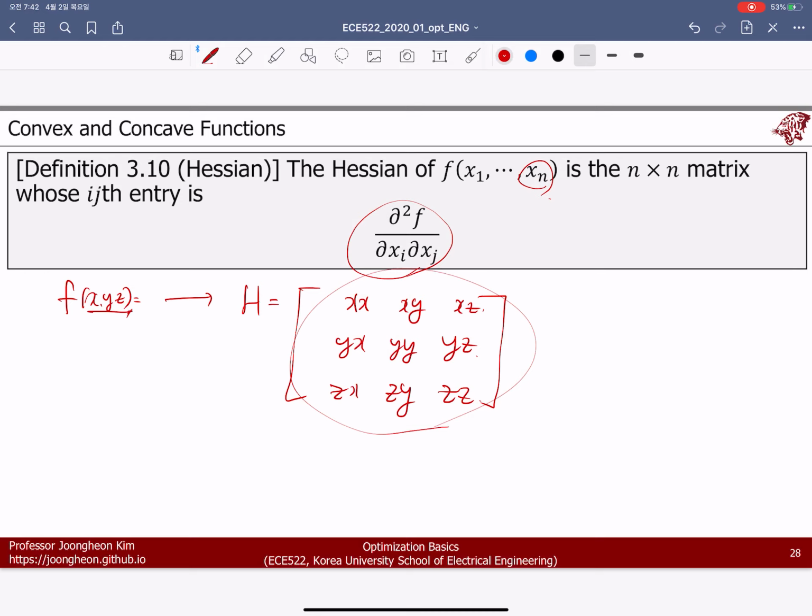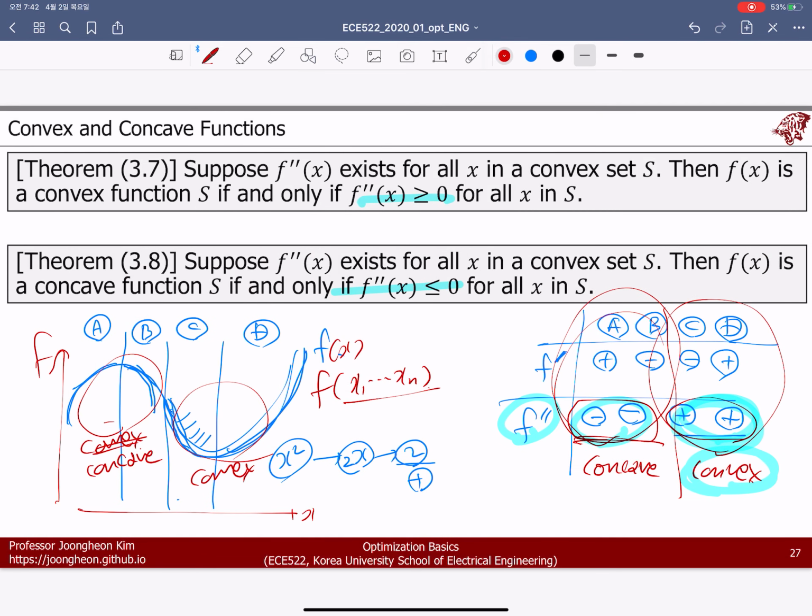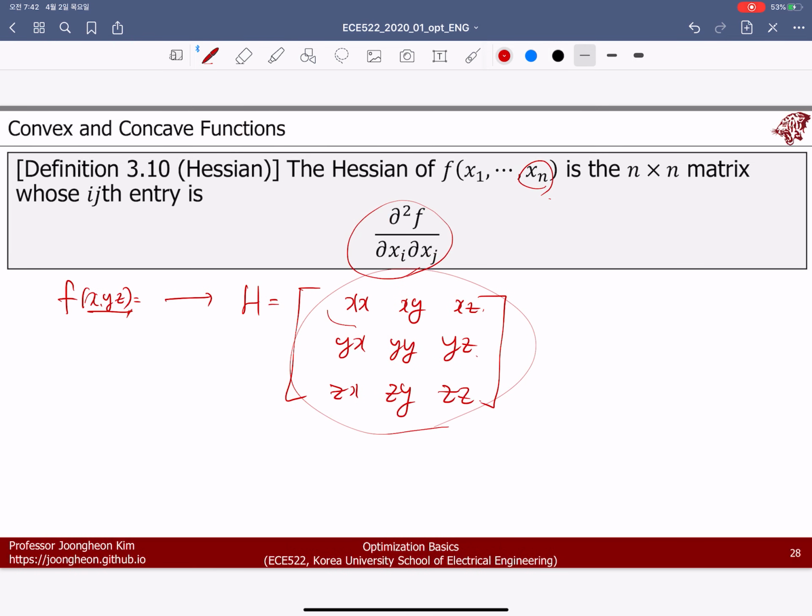So in the previous case, we did the second order derivation for a single variable. So in that case we can check that this is negative, this is positive. Okay, and in order to conduct second order derivation with multivariate functions, we have to think about all kinds of combinations. That's why we have these different results. That's why we need to take the Hessian at first, and then we have to see the property of this given Hessian.